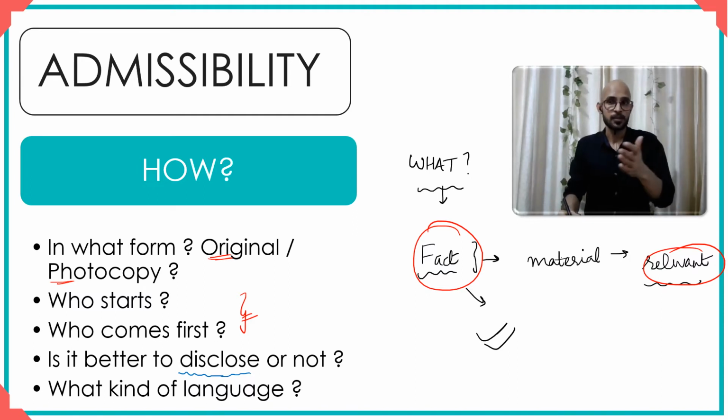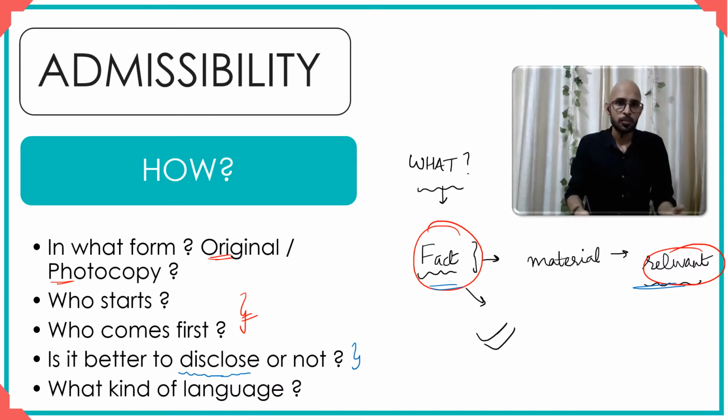Similarly, there are some movies which are censored, which means that it is believed that too much disclosure could actually cause problems. So sometimes a fact might be material, it might be relevant, but perhaps disclosure may not be good. So these are also some rules beyond relevancy that we need to see.